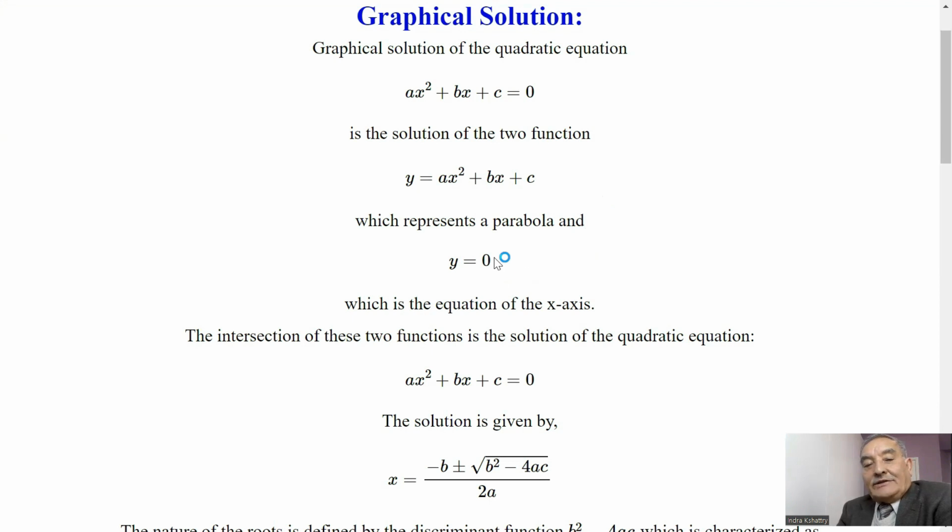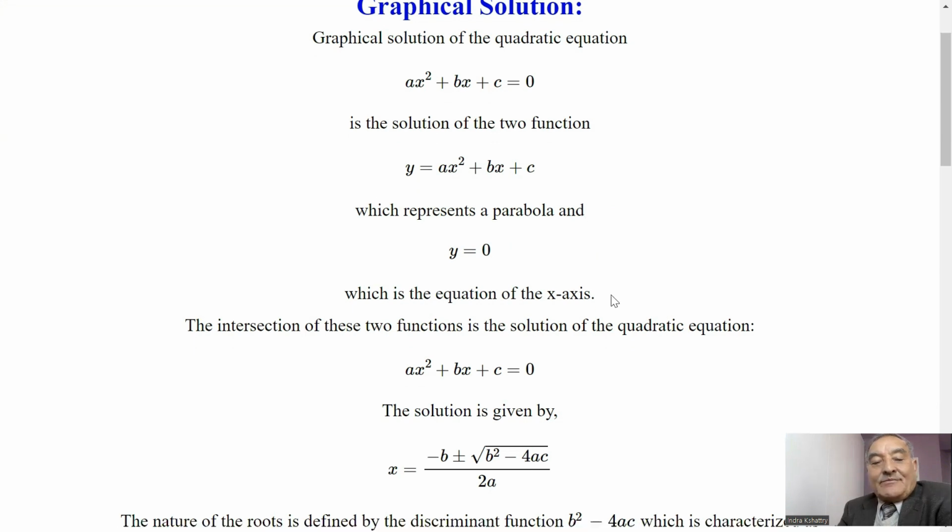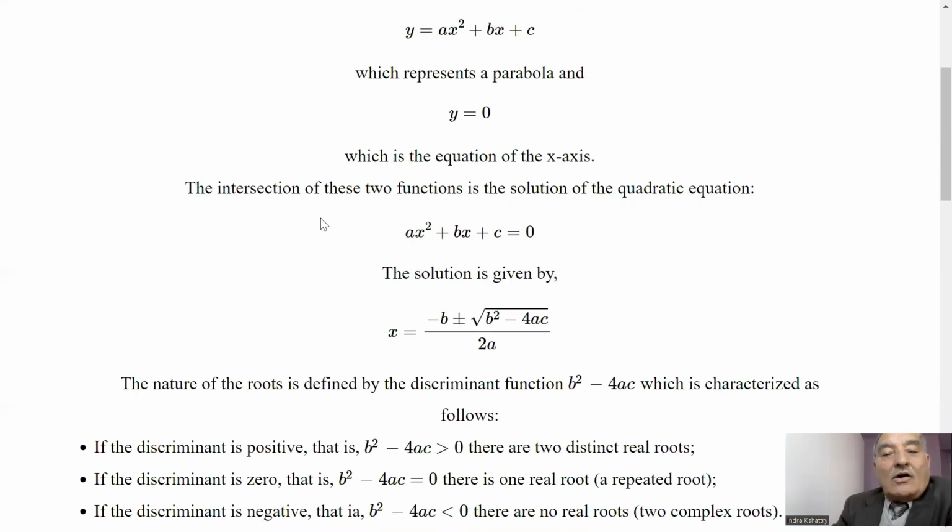And the second function y equals 0, which is the equation of the x-axis. The intersection of these two functions is the solution of the quadratic equation ax squared plus bx plus c equals 0. The solution is given by this expression.